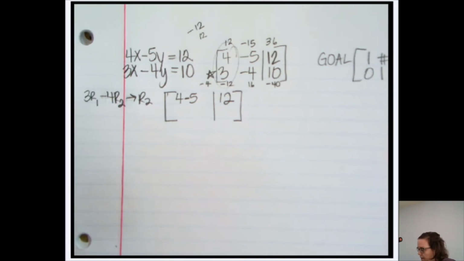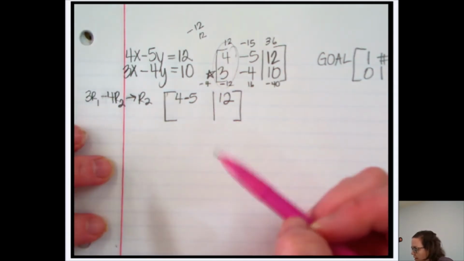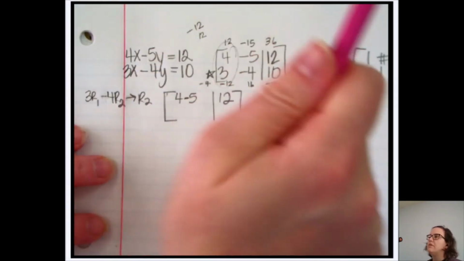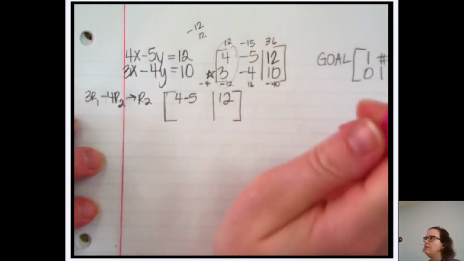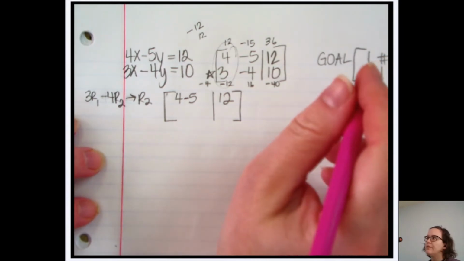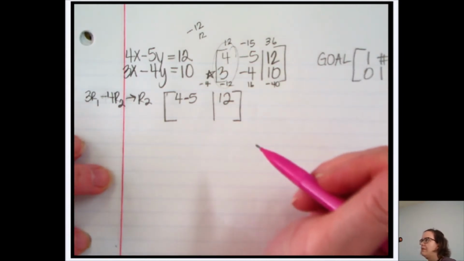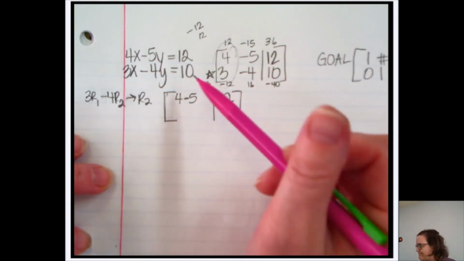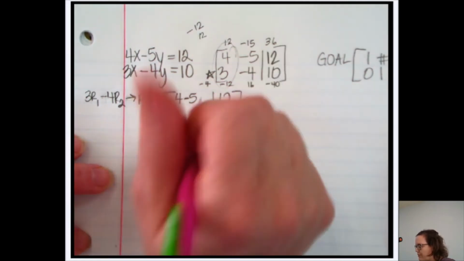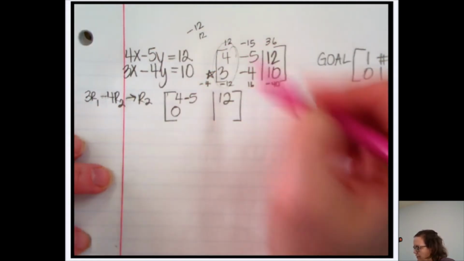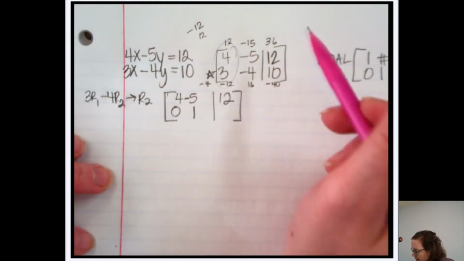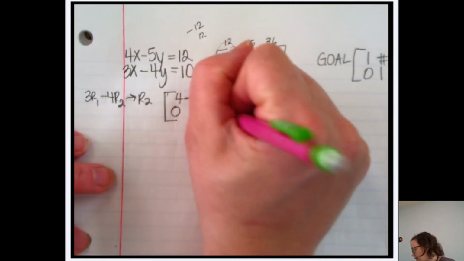So 12 and -12 make 0. -15 and 16 is 1. And then 36 minus 40 is a -4.